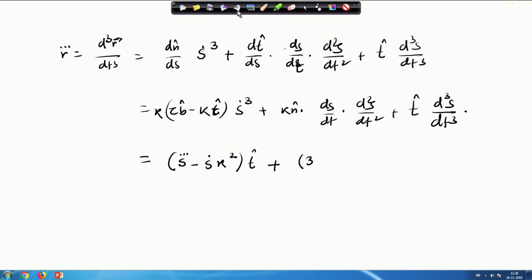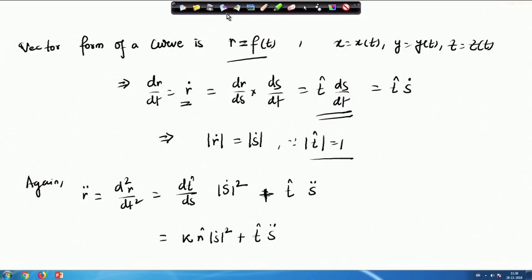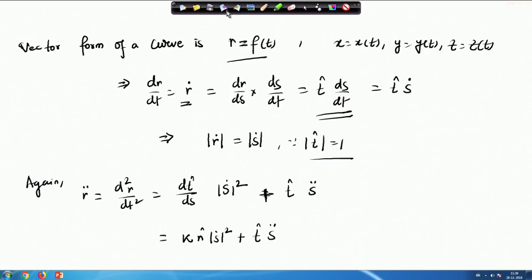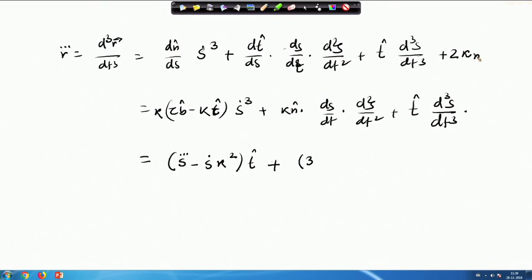I am using basically the product rule, so this will be dn ds, and then we will have 2 times kappa, so there is one more term here, the other term is 2 times kappa n cap times ds dt, kappa n cap times ds dt times d square s by dt square.